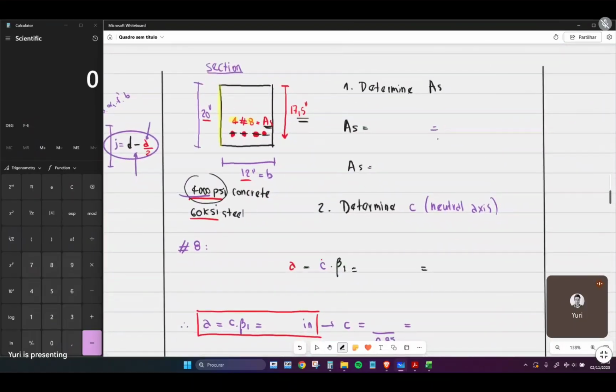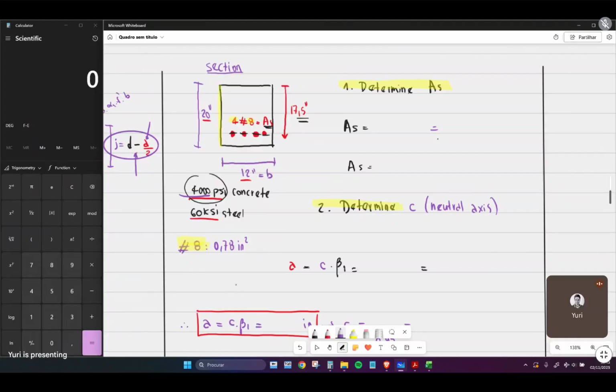I put here some steps. The first step is to determine the area of reinforcements, because without the area of reinforcements, we can't determine the position of the neutral line. If you remember, for the number 8 reinforcement, the cross-section area of one bar is equal to 0.78 square inches.